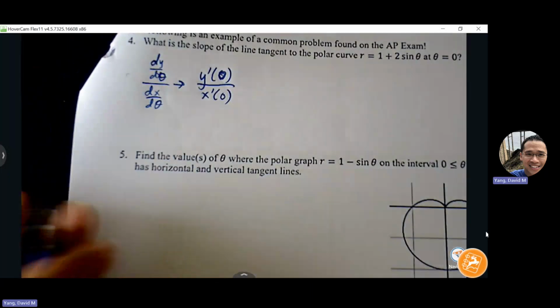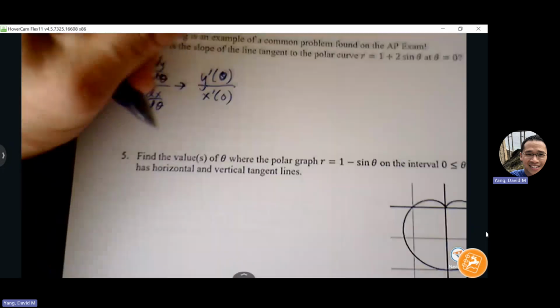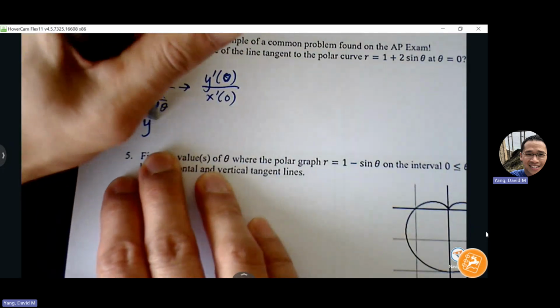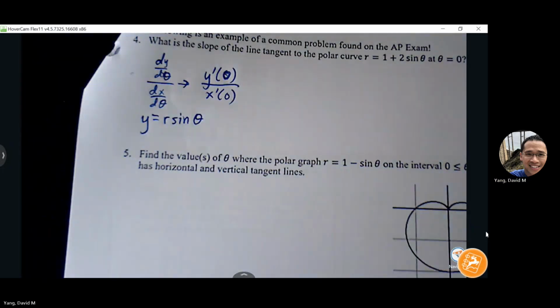Okay, so we'll just break them down separately, evaluate them separately, and then at the end we just divide those values with each other. Okay, so we know that y is equal to r sine theta. Why don't we just get everything in terms of theta, and then we can find the derivative with fewer variables.